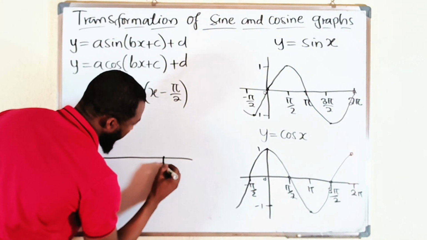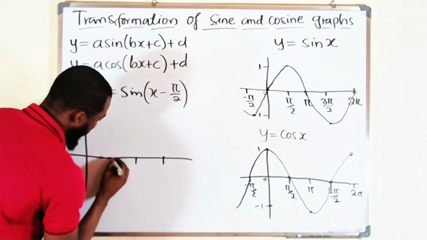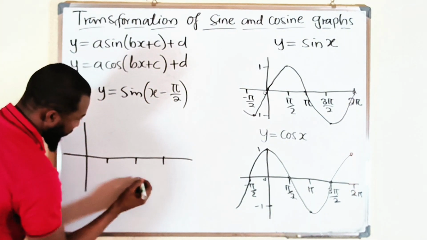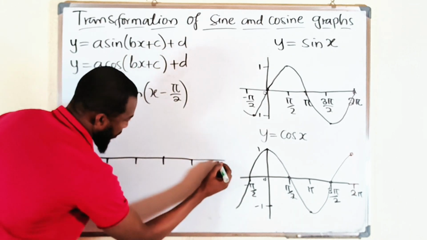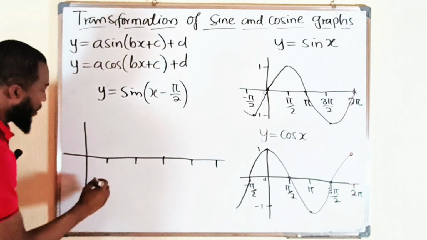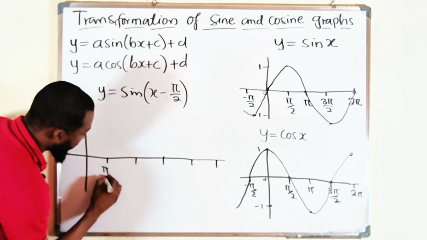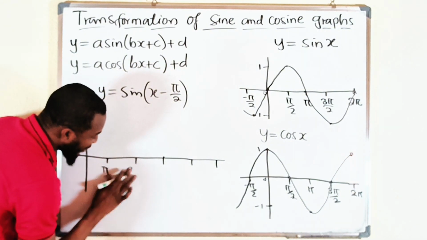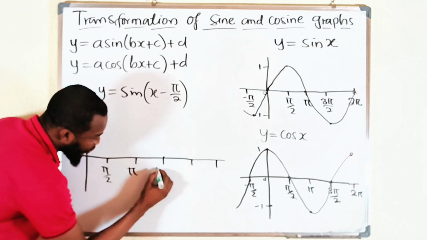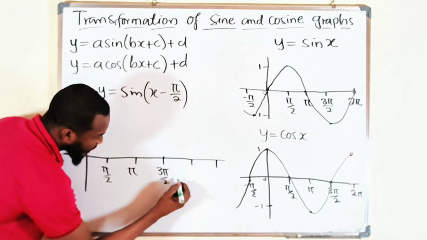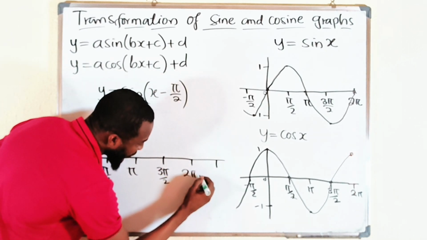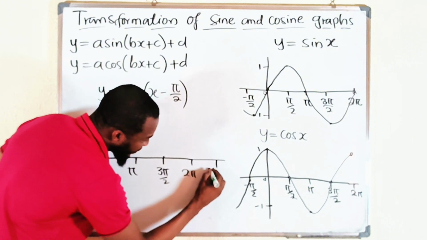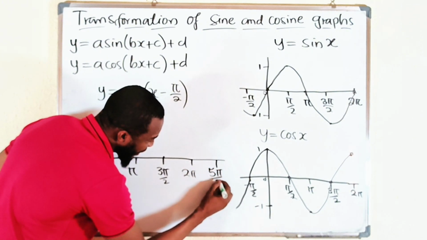So we have 1, 2, 3. This is pi divided by 2, 2 pi divided by 2, which is pi, 3 pi divided by 2, 4 pi divided by 2, 5 pi divided by 2.